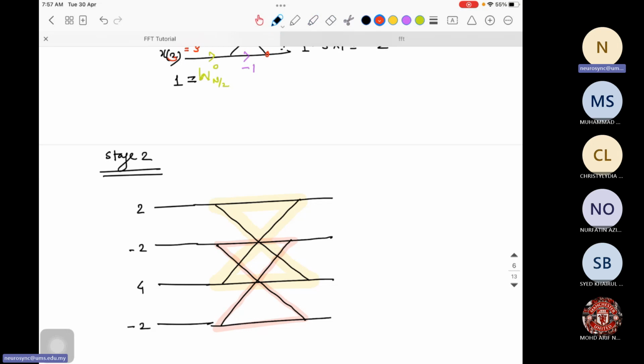Here this is always minus 1, and the multiplication factor here is Wn of 0, and this is Wn of 1.